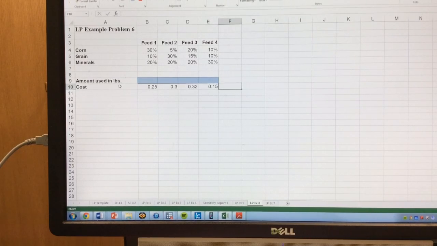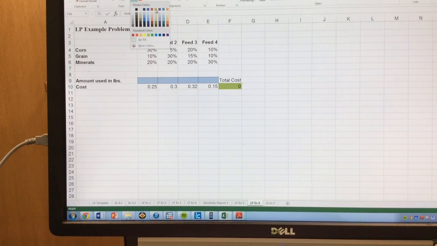And that gives me my total cost, which is my objective function, equal to the sum product of my x's by the cost per pound. Because my x's are in pounds, cost per pound is going to give me a dollar amount. So there's our sum product. That's going to be our objective function. Okay, so now we have our objective function.